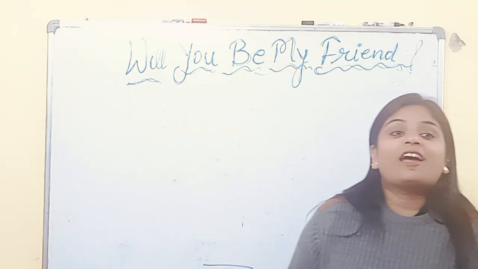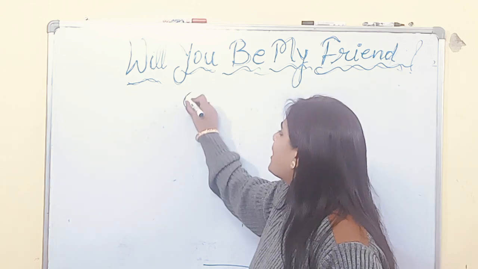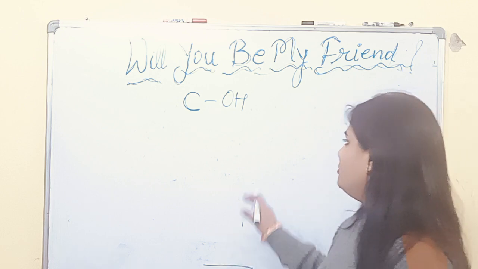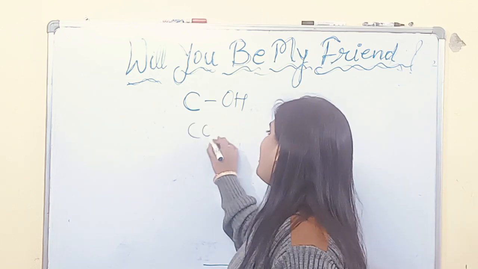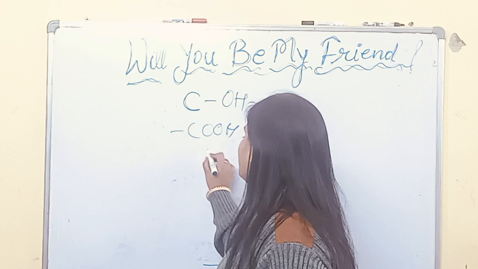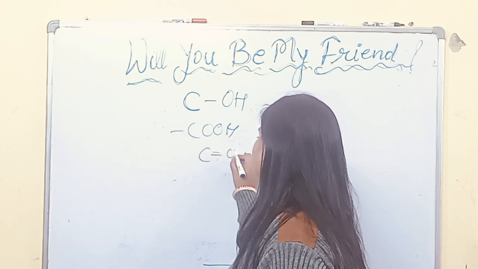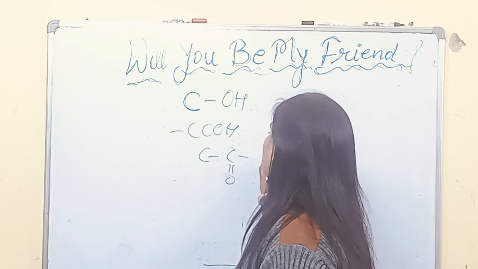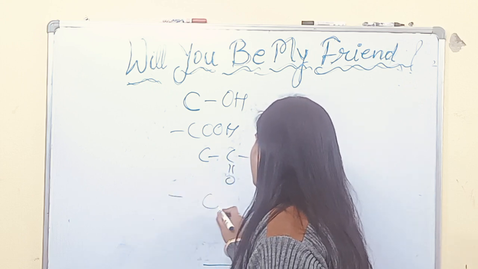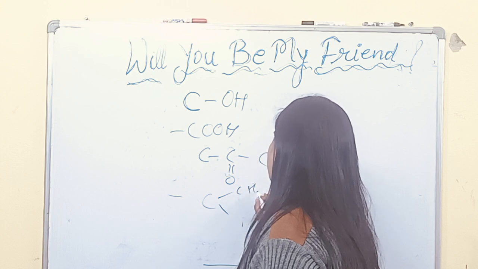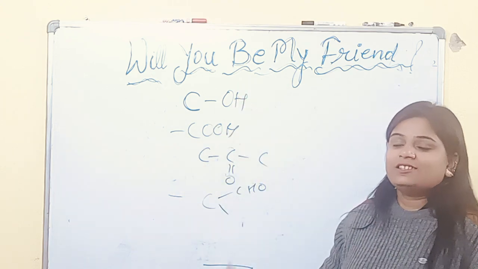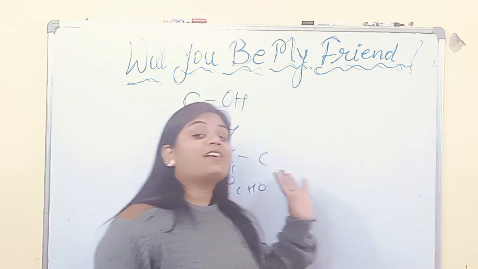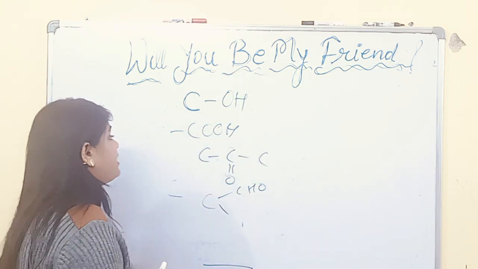Yes, carbon makes a bond with the hydroxyl group, hydroxide, carboxylic group, ketone group, or aldehyde group, which we will be studying in this topic. So carbon has a bond with all these functional groups.